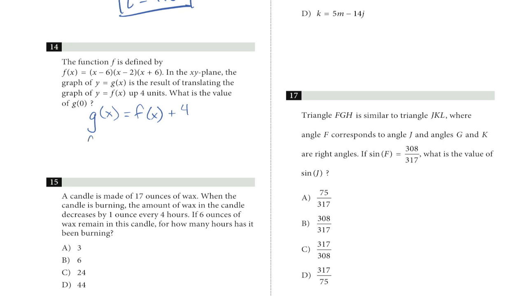So I can now say that g of x is going to be f of x, all of this stuff: x minus 6 times x minus 2 times x plus 6, and then we're going to put plus 4 at the end. Specifically, they want us to know when x is 0, so I'm going to plug in 0 for all the x's. I'll pull up the calculator.